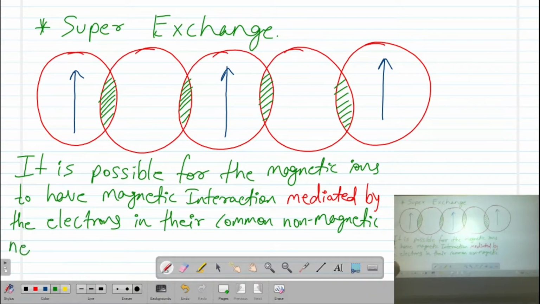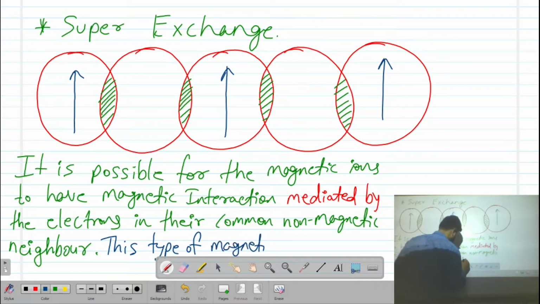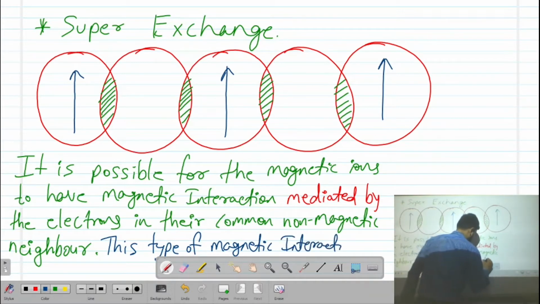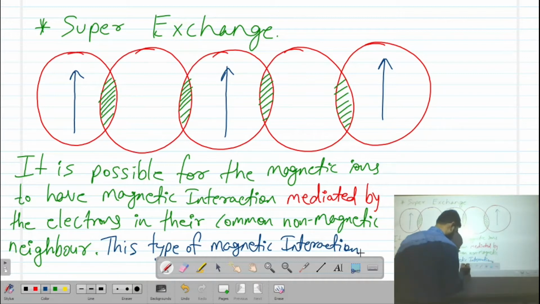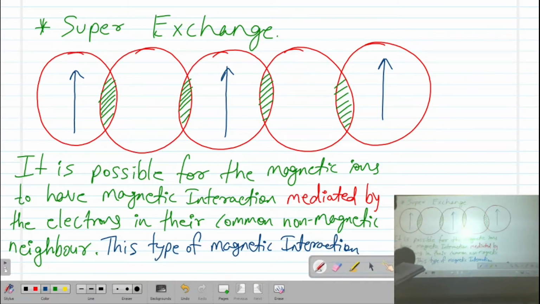This type of magnetic interaction is called super exchange.